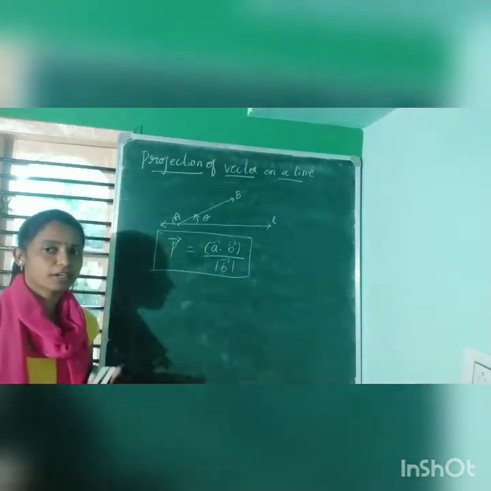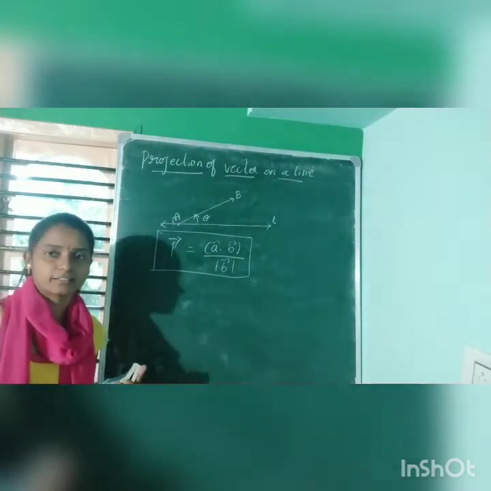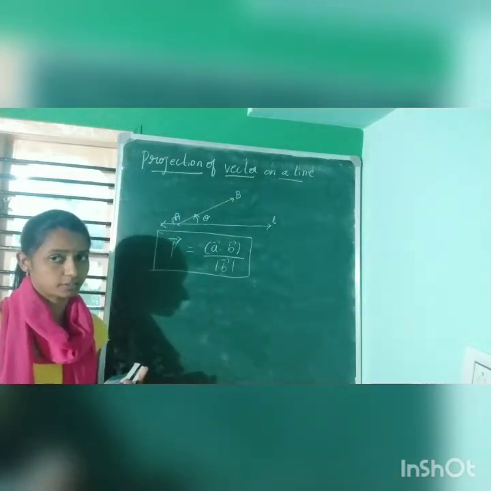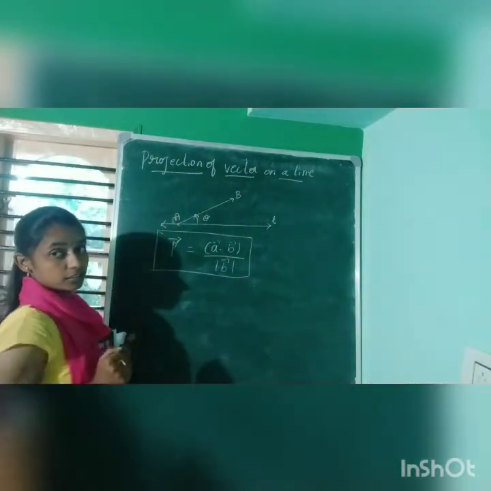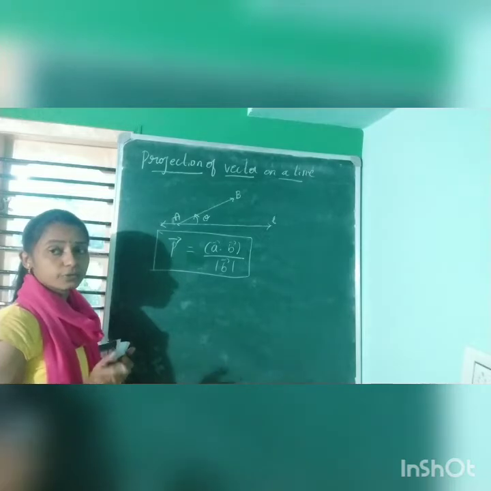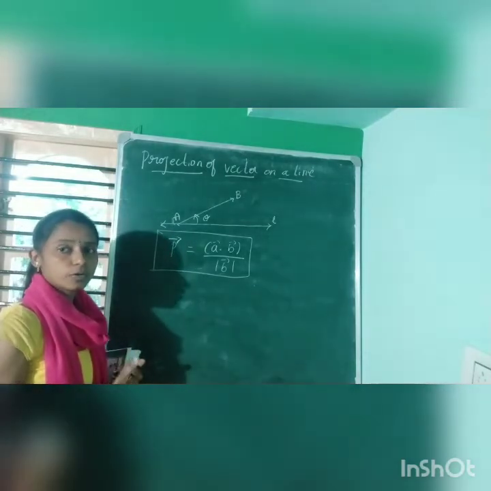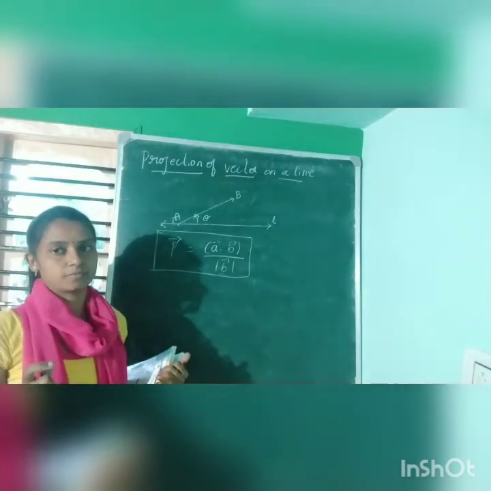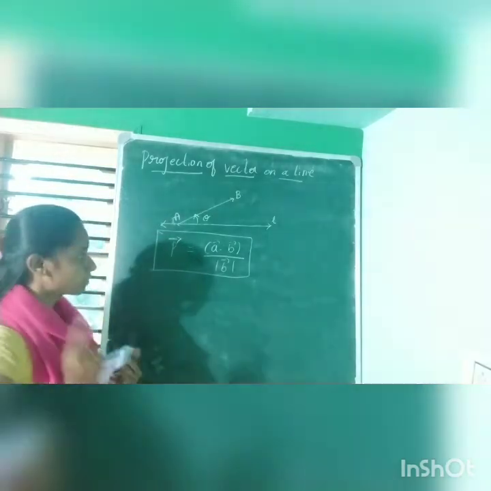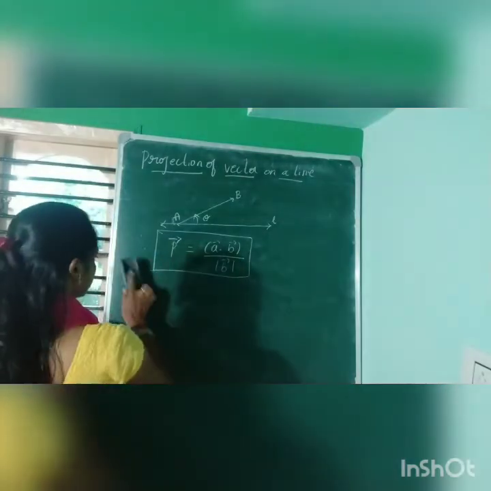Okay, there will be two vectors, A and B vectors. How will you find projection? You need to take the dot product of those two and divide it by only the magnitude of the B vector. Is it clear? So we will do one problem on this.